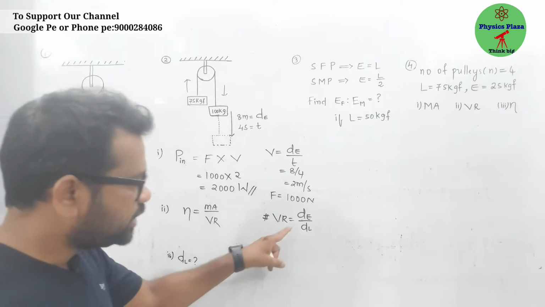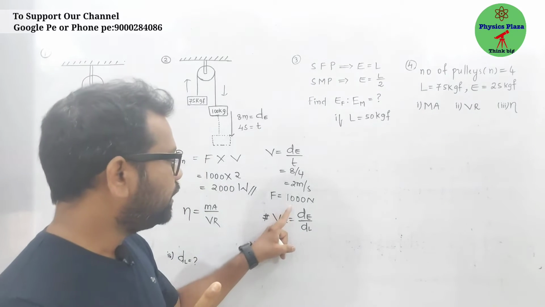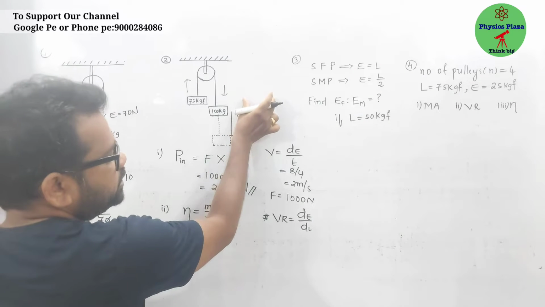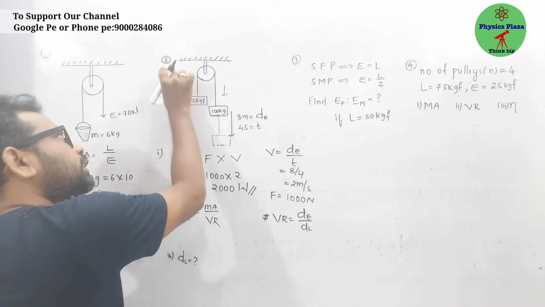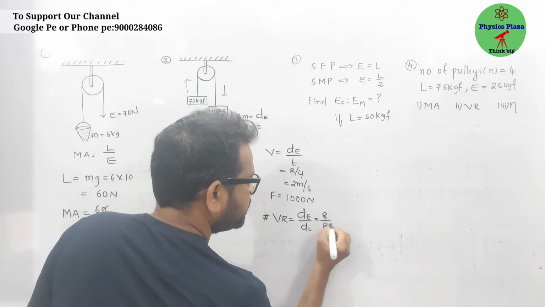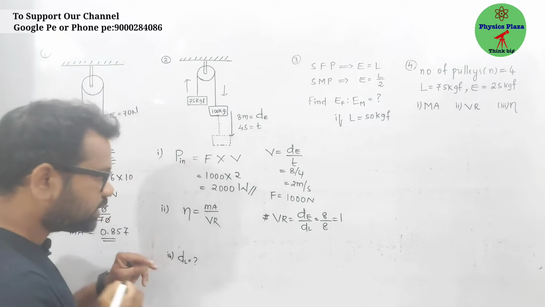For a single fixed pulley in an ideal case, effort displacement is always equal to load displacement. If effort moves downward by 8 meters, load is also lifted vertically upward by 8 meters. So it is 8 by 8, velocity ratio is 1.